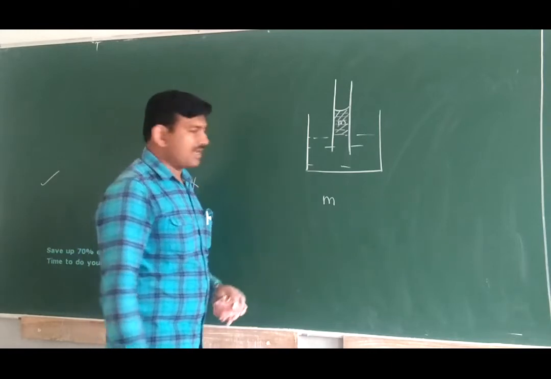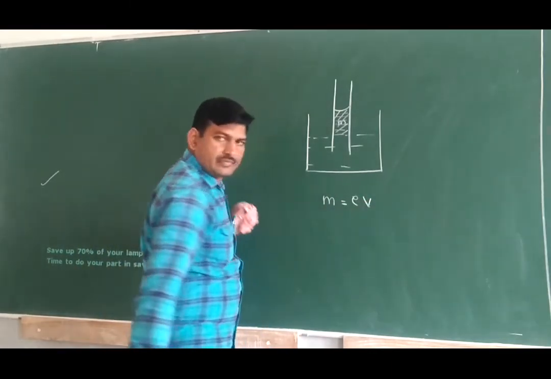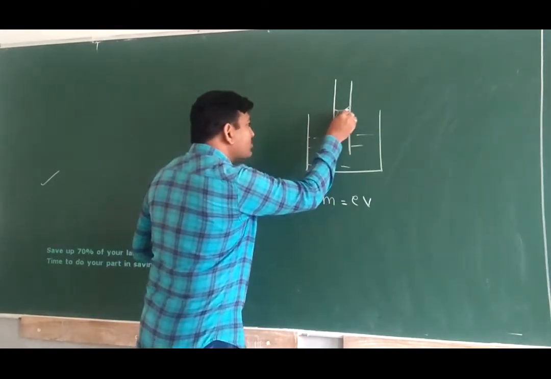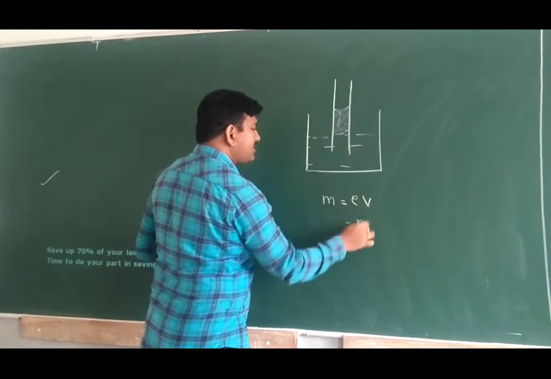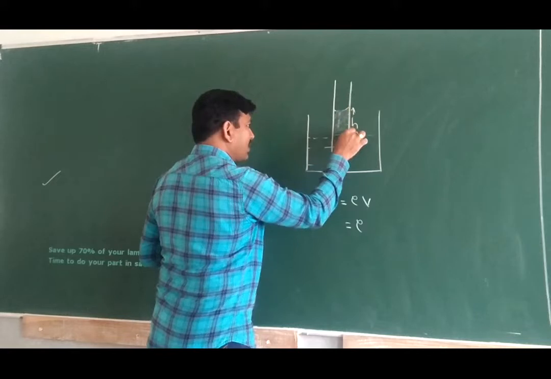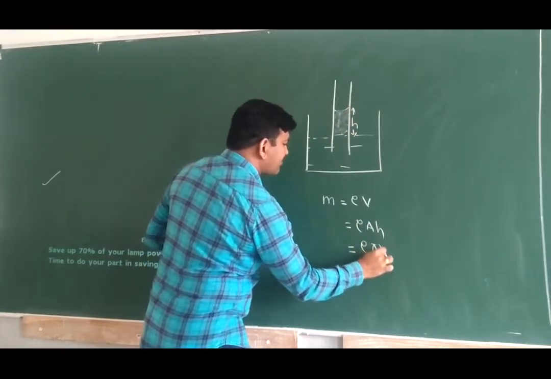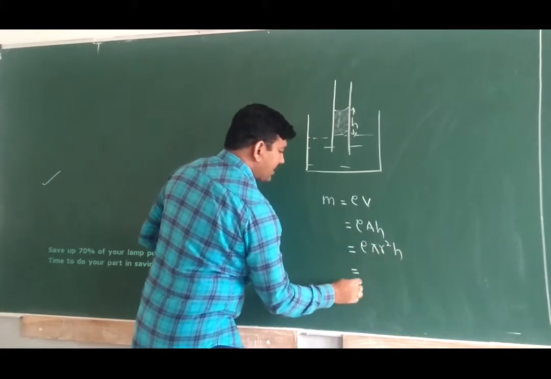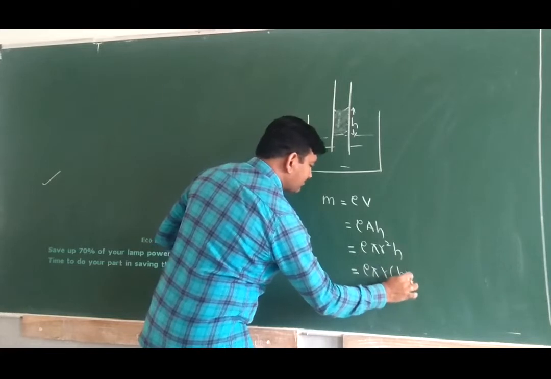Mass is nothing but density into volume. What is the volume of this portion? The volume of this cylinder portion is area into height. This is height h. Area into height: rho into pi r squared into h. I can write it as rho into pi into r into hr.